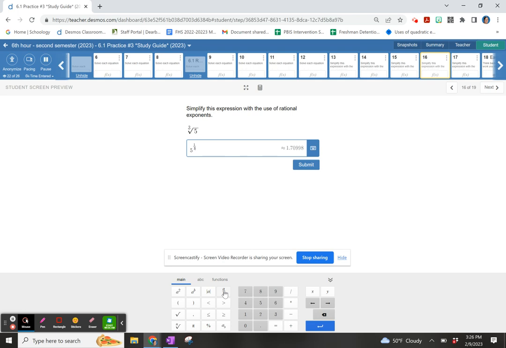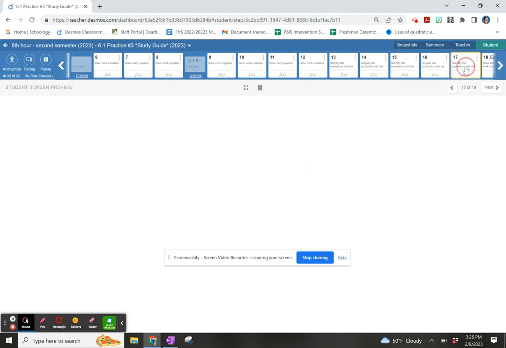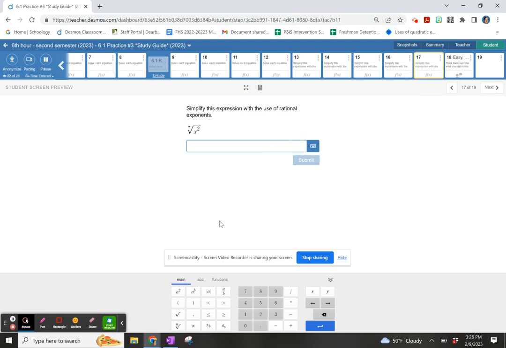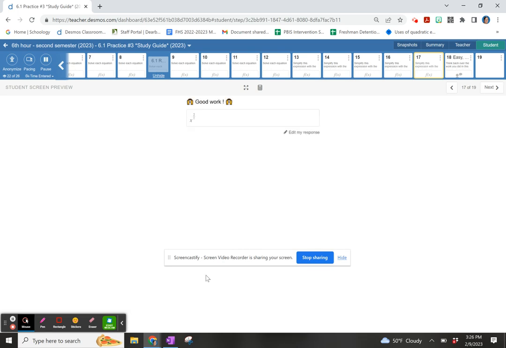So it's 1 over 3 as an exponent. Here we have x as the base raised to the 2 over 7.